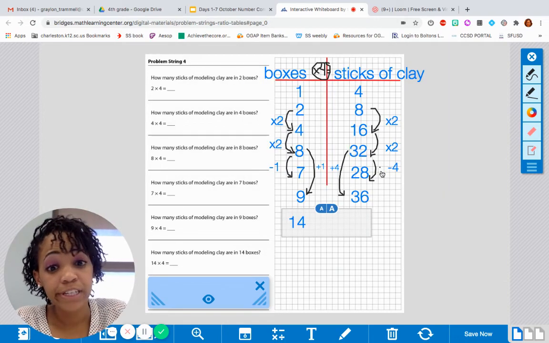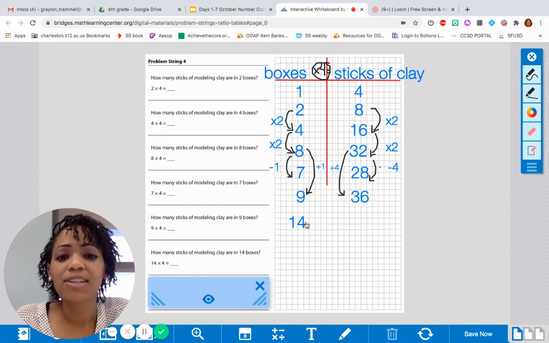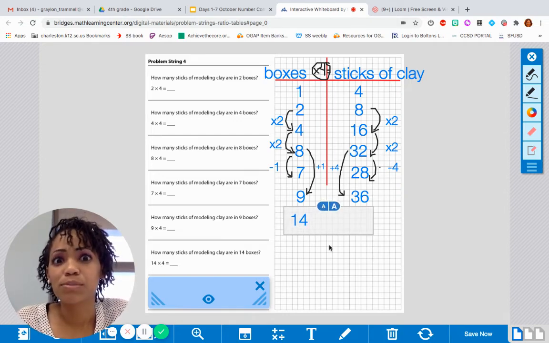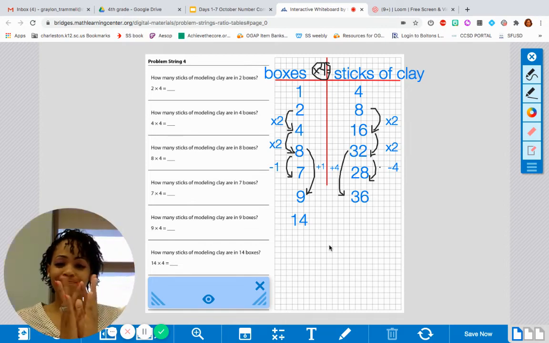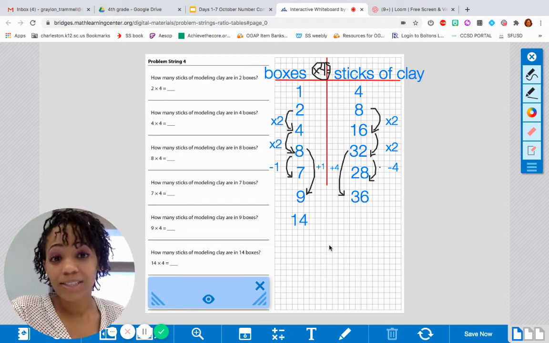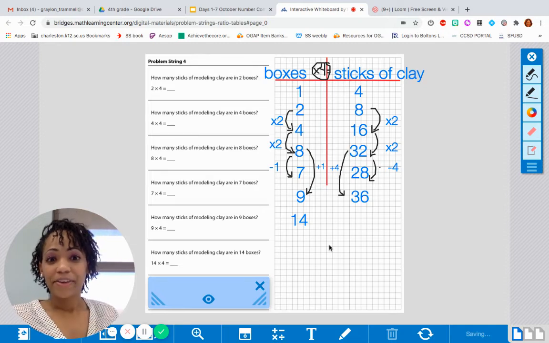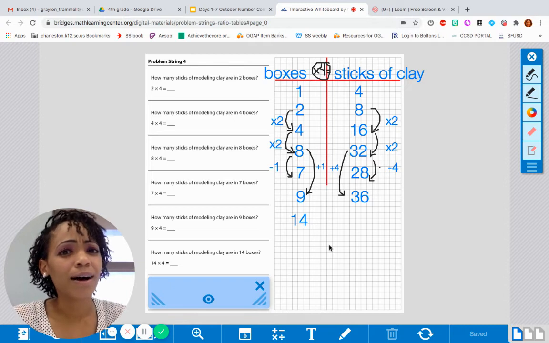I don't know 14 times 4, but I know I can figure it out, especially thinking about relationships in this ratio table. Does anybody see the relationship that they could use? You got it. Who else thought 7?